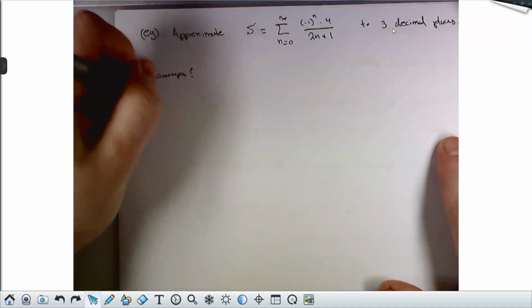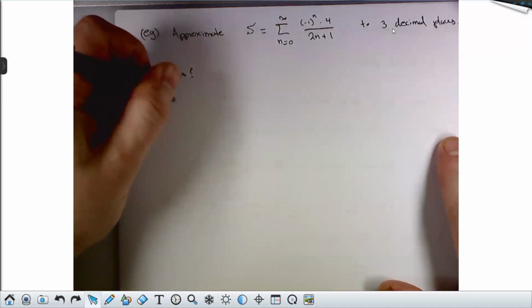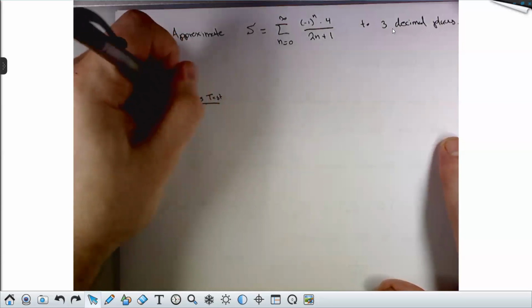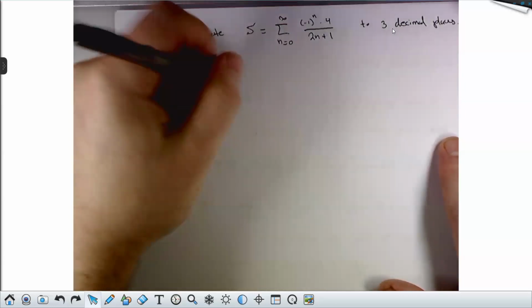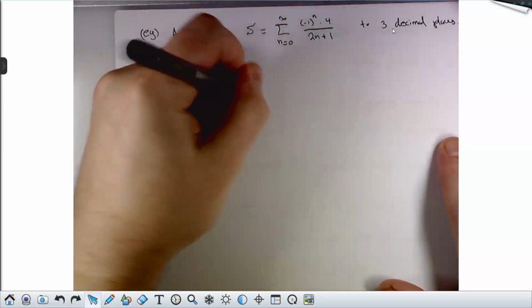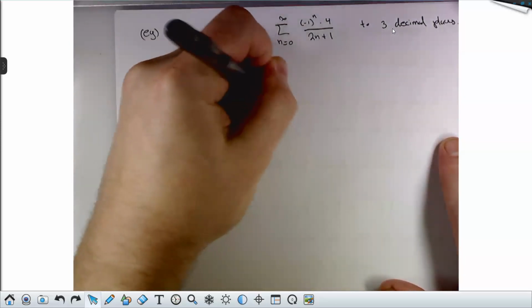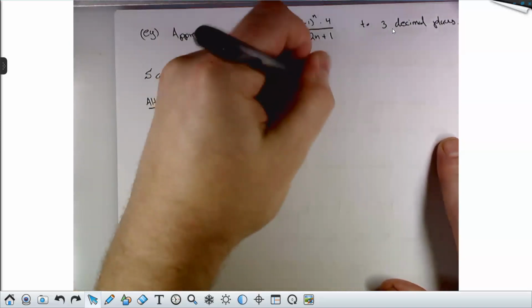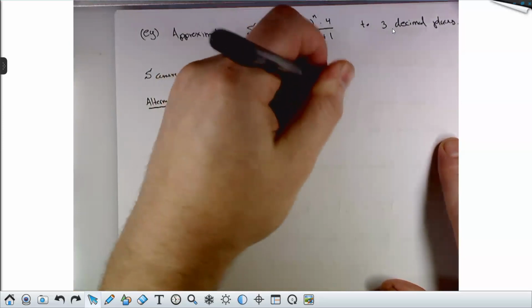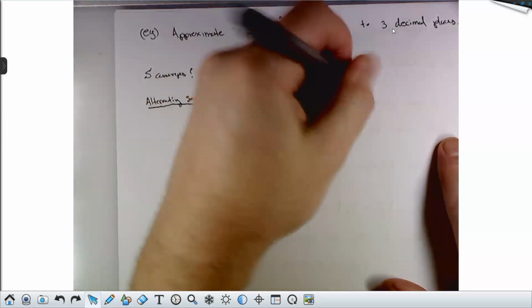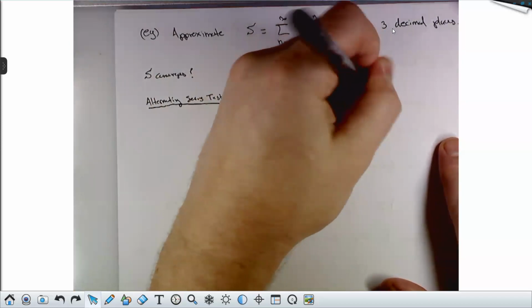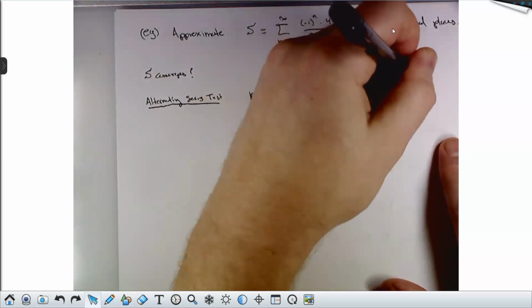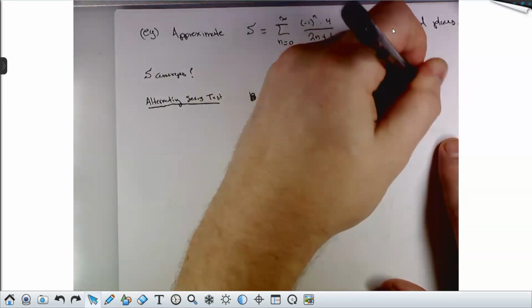We'll use the alternating series test. So S is the sum from n equals 0 to infinity of negative 1 to the n times 4 over 2n plus 1.